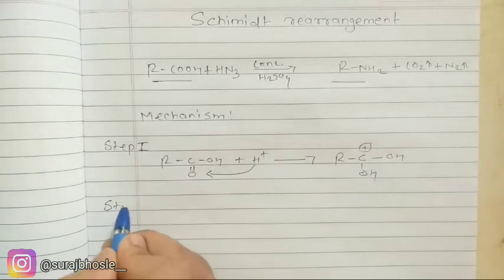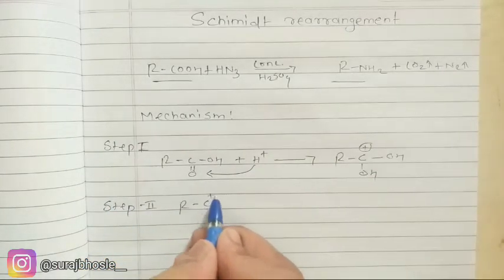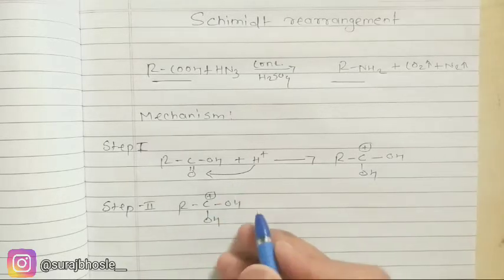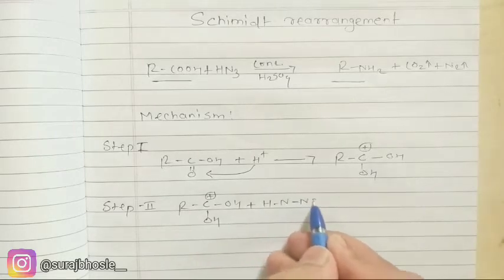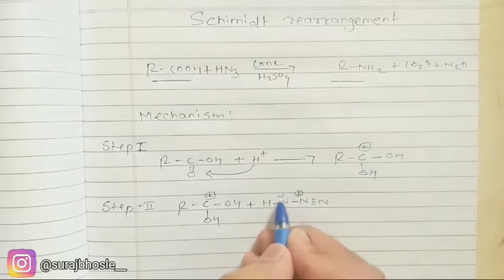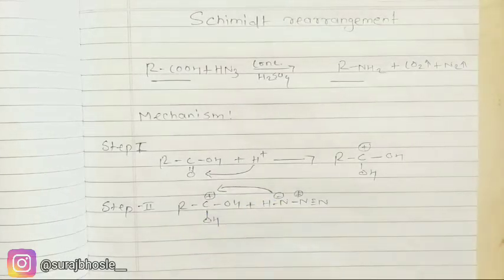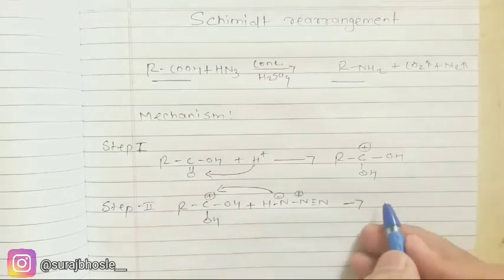Now in step 2, this carbocation is reacting with hydrazoic acid. Here will be positive charge, here will be negative charge. Now this nitrogen ion is attacking on this carbocation, which will lead to the formation of an intermediate.